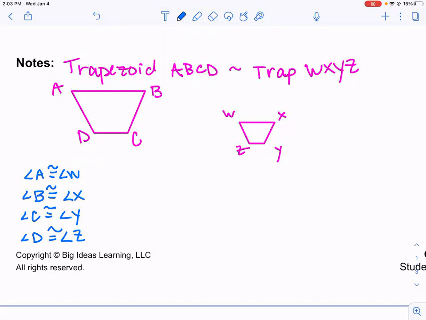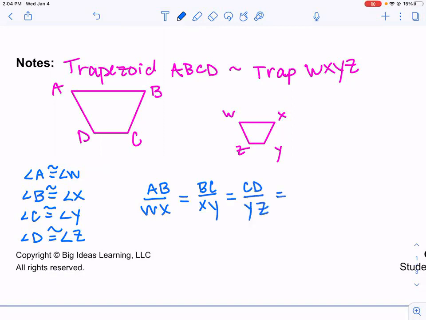Okay. Now, when we talk about proportional sides, that means we can set up the ratio of our corresponding sides, and it's going to be the same throughout the whole figure. So what I mean is side AB corresponds with side WX. If I make a ratio, it's going to equal the same ratio as if I take BC over XY. Will equal the same thing if I take CD over YZ.